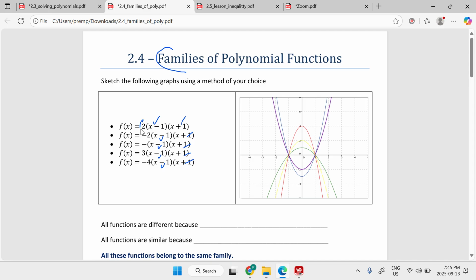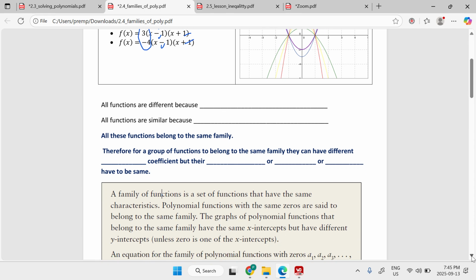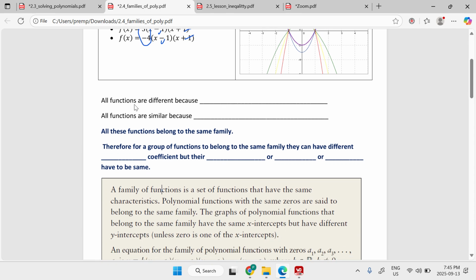The only thing that will vary is the first. So we call it a family when they have the same x-intercepts. Now these functions are all different because of their a values, and they are all the same because of their factors, or you can say x-intercepts. They have the same x-intercept values.